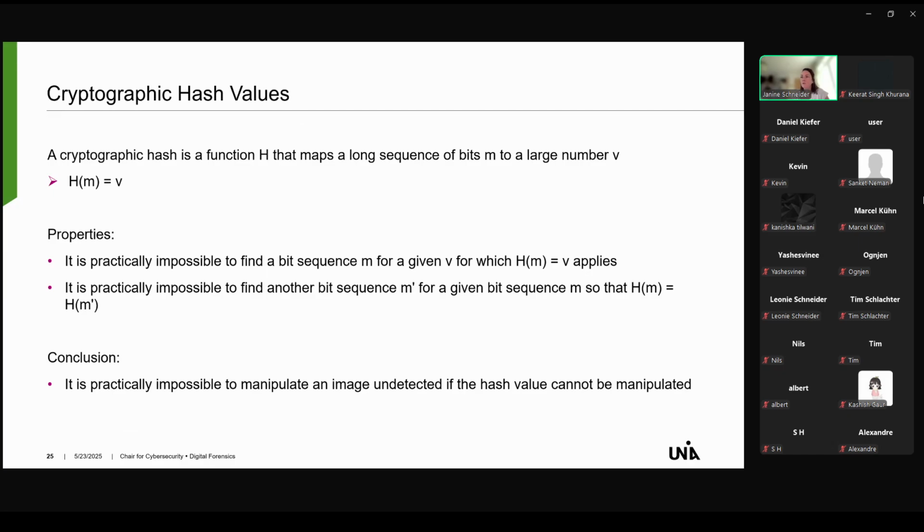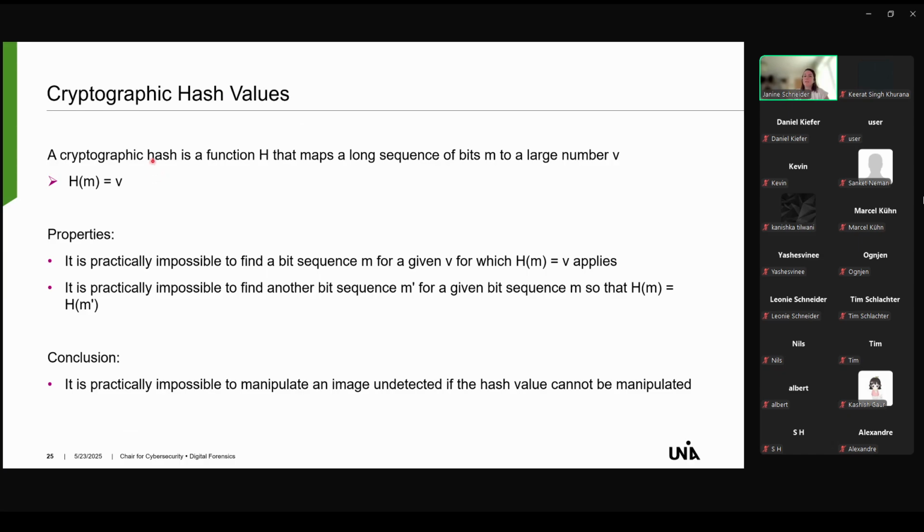And what is a cryptographic hash? Actually, a cryptographic hash is a function that maps a long sequence of bits to a number. So that is our function, that is our bits, and the function maps the bit sequence to some kind of number.